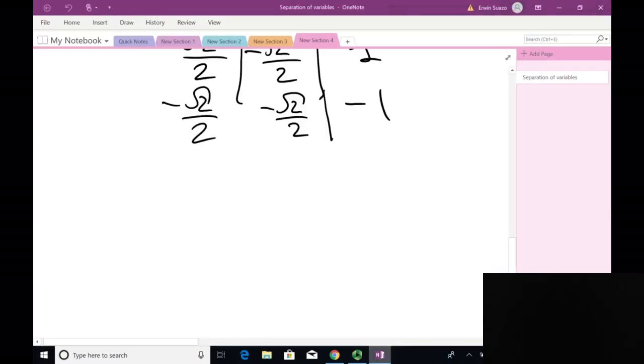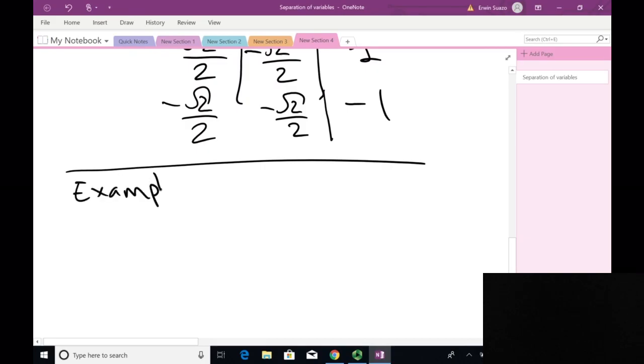Okay, so we're going to solve the following example using separation of variables. (e^y + 1) e^(-y) dy.